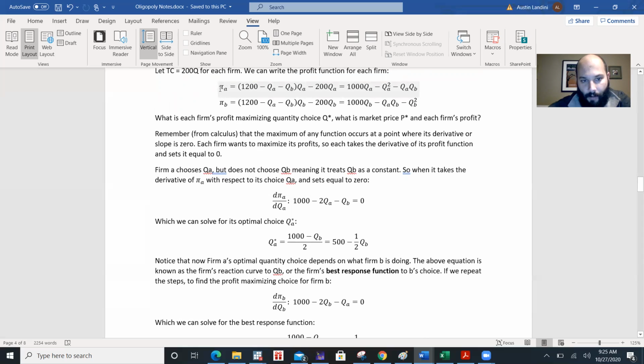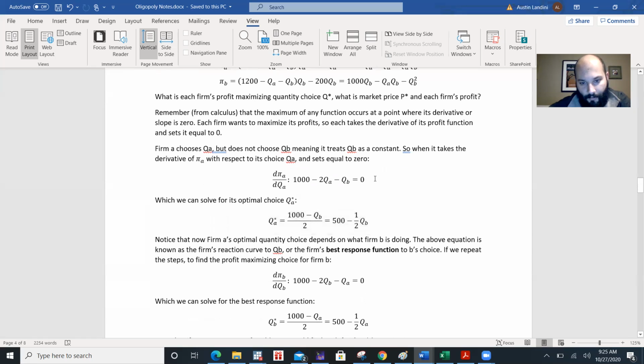Firm A knows its profit function and wants to figure out the best quantity choice. So we take the derivative of the profit function with respect to quantity A and set it equal to 0. To solve for QA, we add 2QA to each side, then divide by 2. So QA is 1000 minus QB divided by 2.